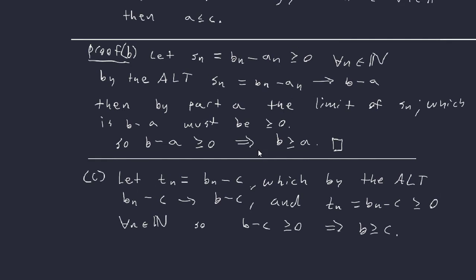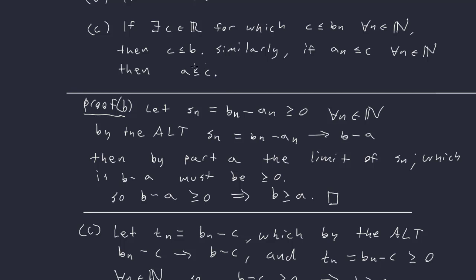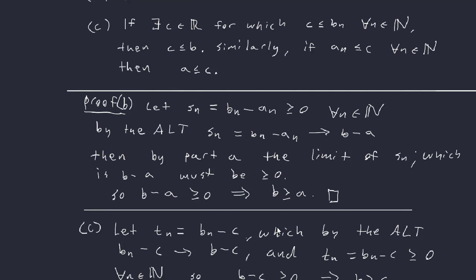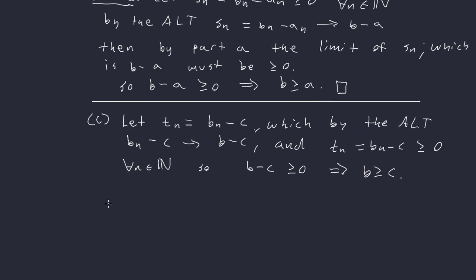So here with the A's, we have the ANs are less than C. So let Cn be the sequence C for all n in the naturals.